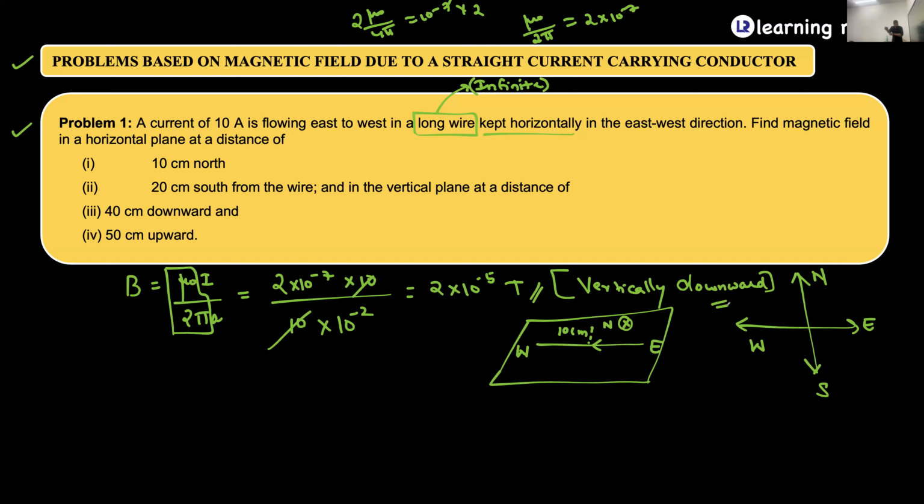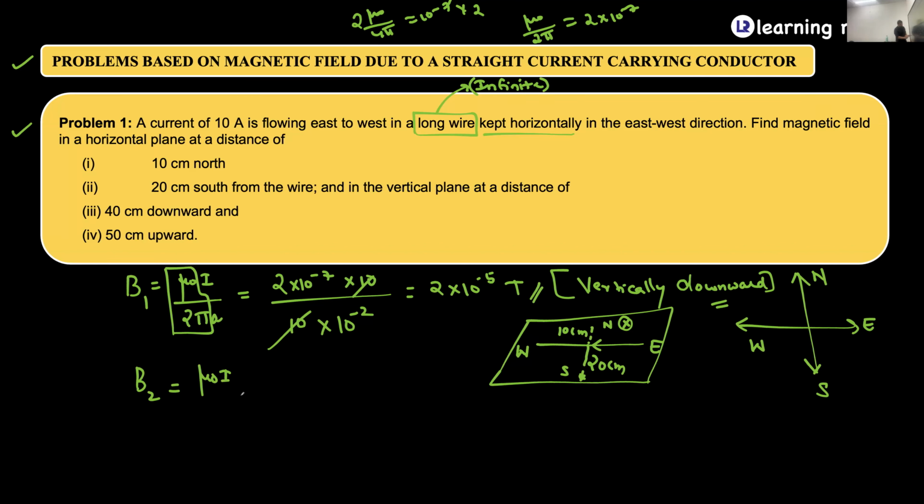Okay, listen. So if I take the south direction here, right? If I take the south point to be here, the south point is considered to be 20 centimeter, right? So we need to find 20 centimeter southward from the wire. So if I take this to be B1, B2 is going to be equal to how much?